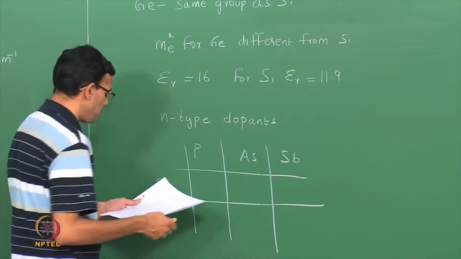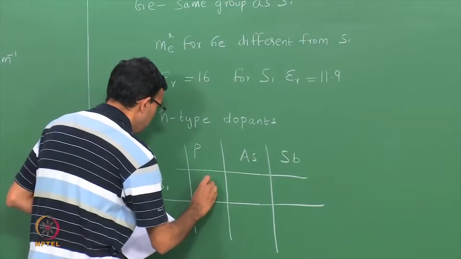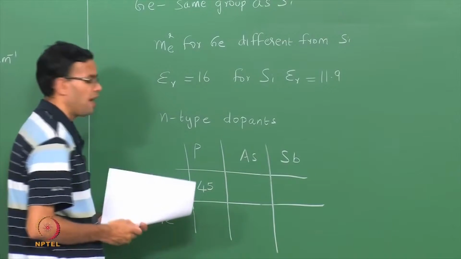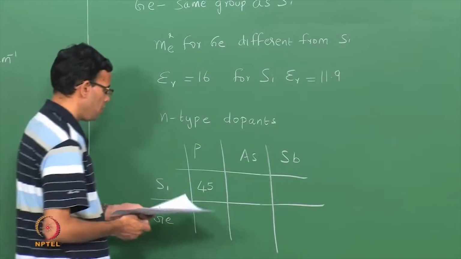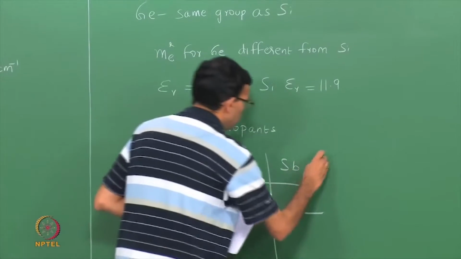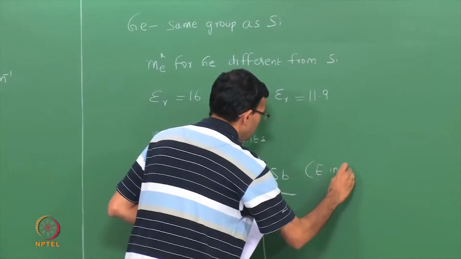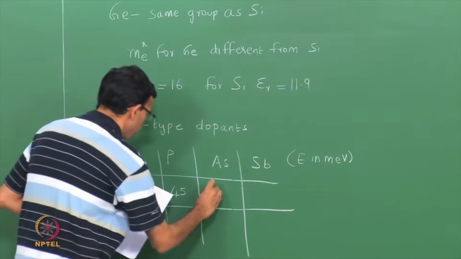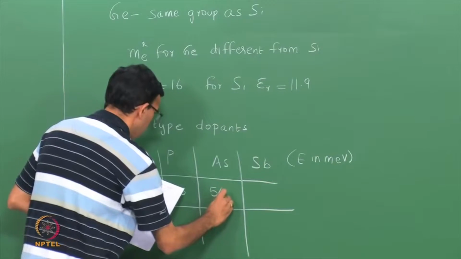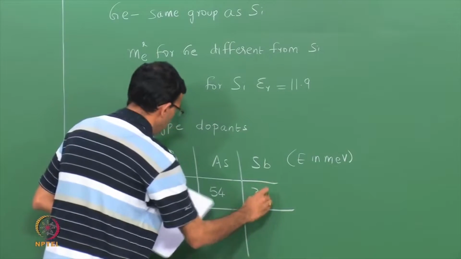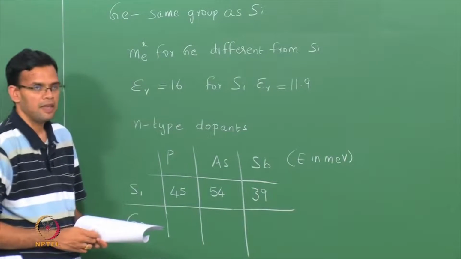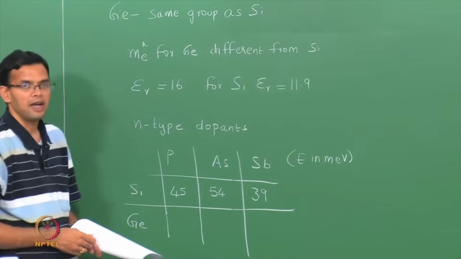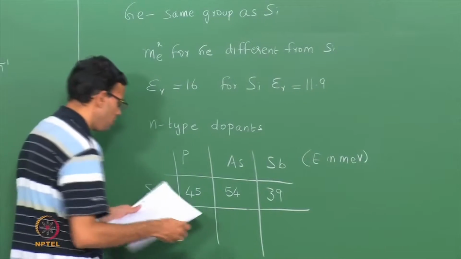If we fill in the numbers, in the case of silicon, we found out that the ionization energy in milli electron volts was around 45, 54, 39.